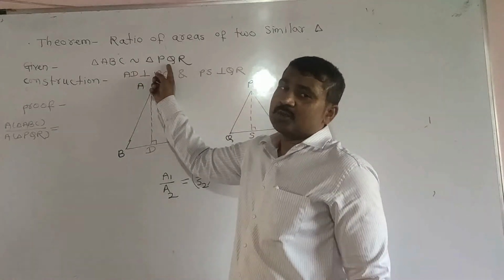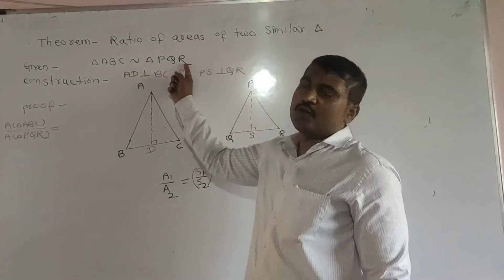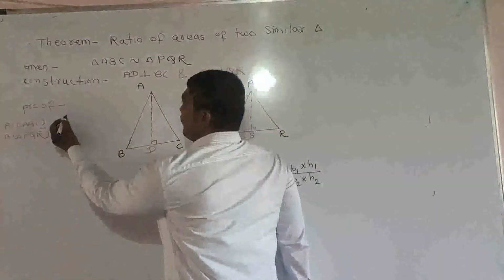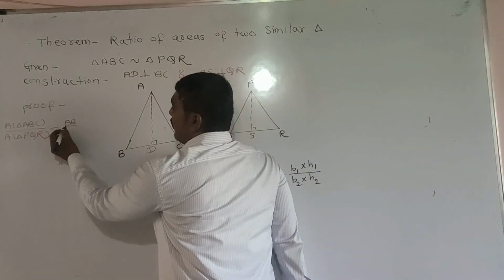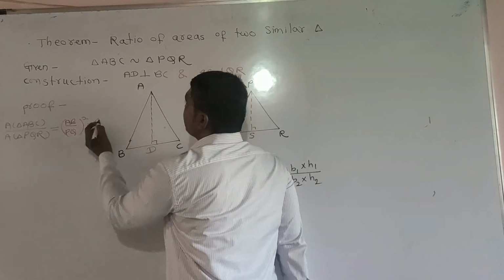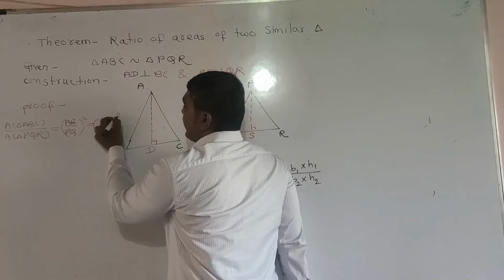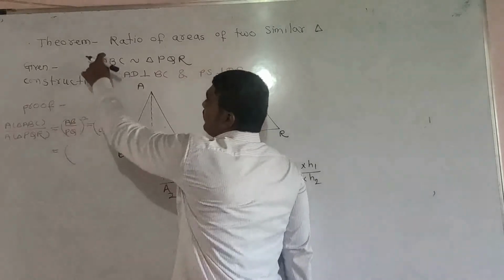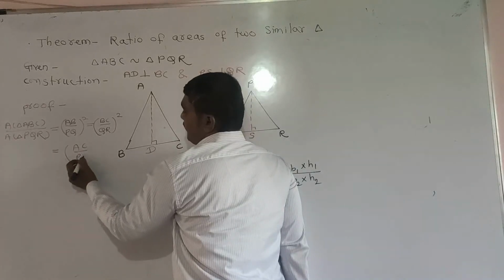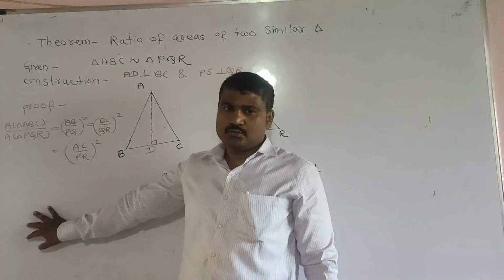AB, PQ are the corresponding sides of the similar triangles. BC is corresponding with QR. AC is corresponding with PR. So we can write (AB upon PQ) bracket square. You can also write (BC upon QR) bracket square. We can also write the remaining side, AC, so (AC upon PR) whole bracket square. This is to prove. Okay.